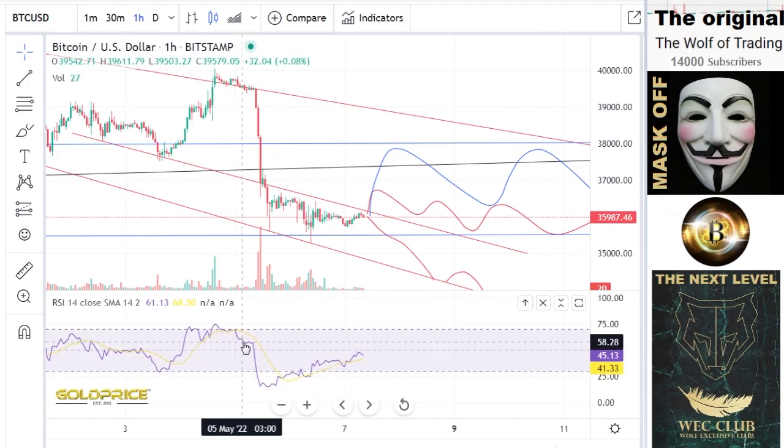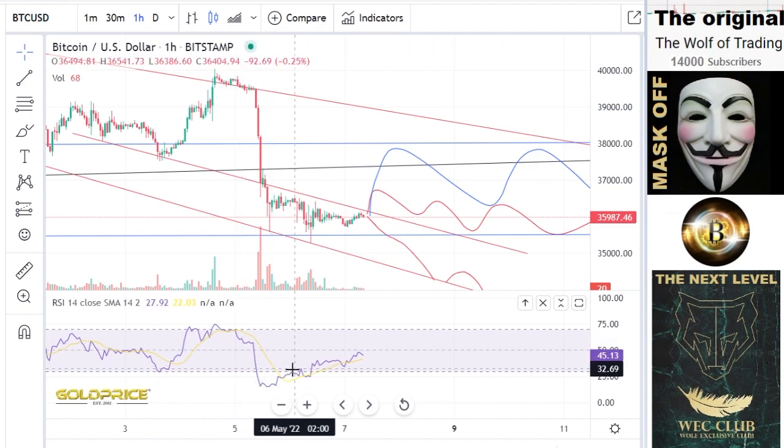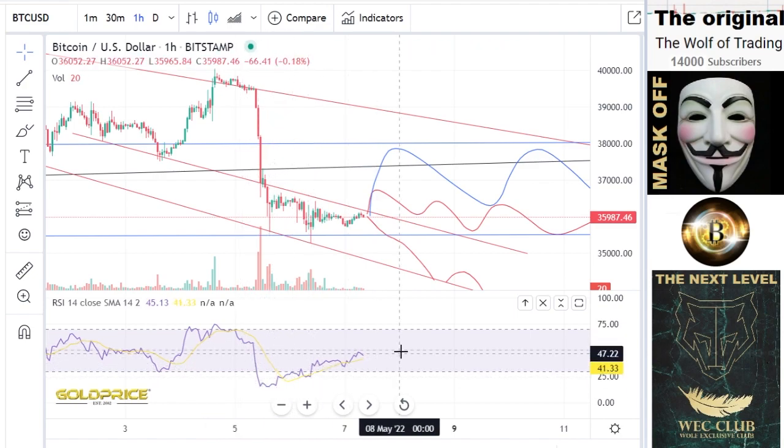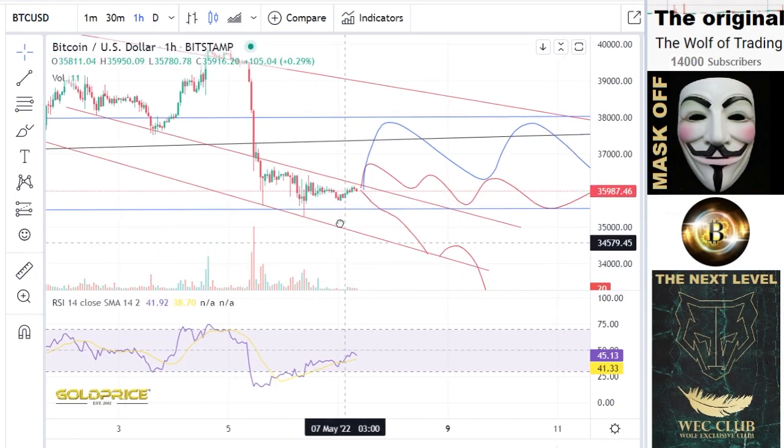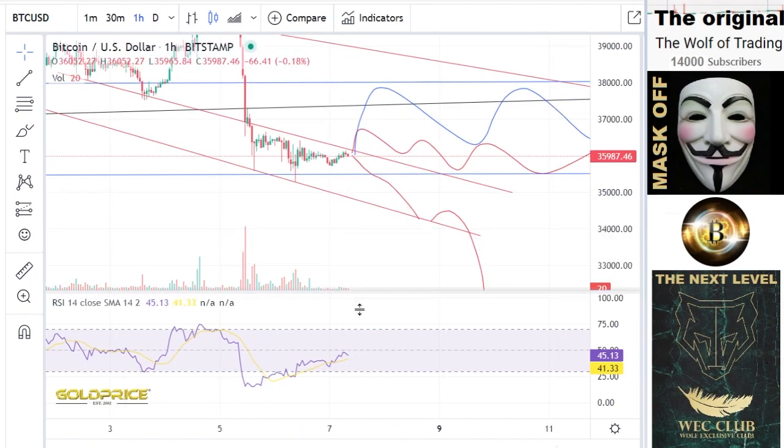If you look here, the structure is very weak. We have very weak structures, and I would say after this action I expect that the price falls out of range.